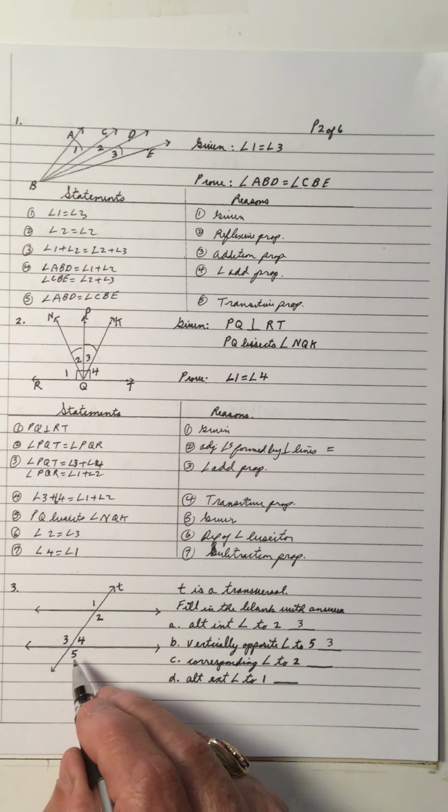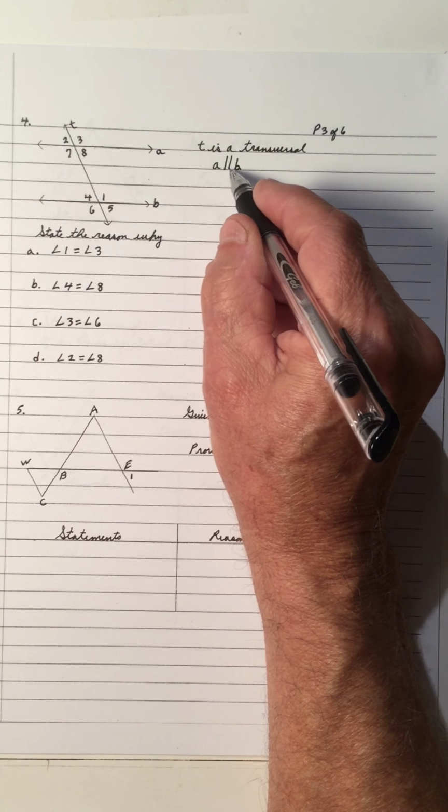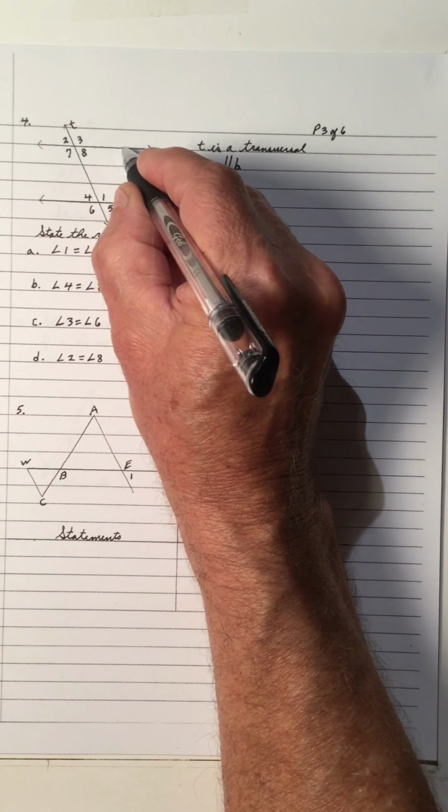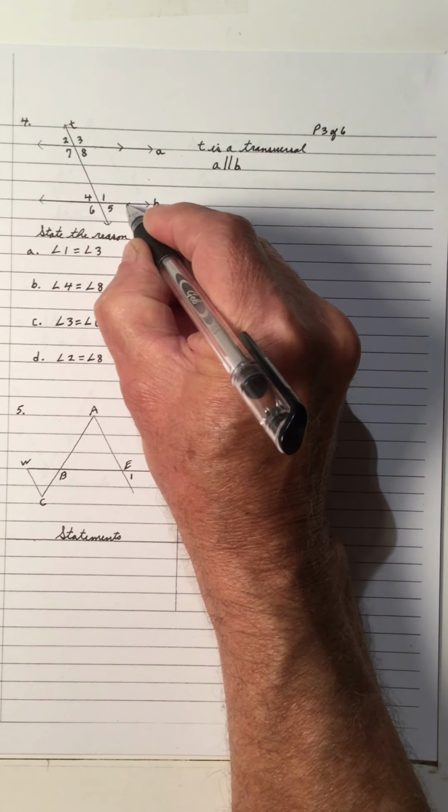We have another diagram again, and it says T is a transversal cutting through, and notice we have also that A is parallel to B, so we can mark that with the arrows. A and B are parallel, T is a transversal. State the reason why 1 is equal to 3.